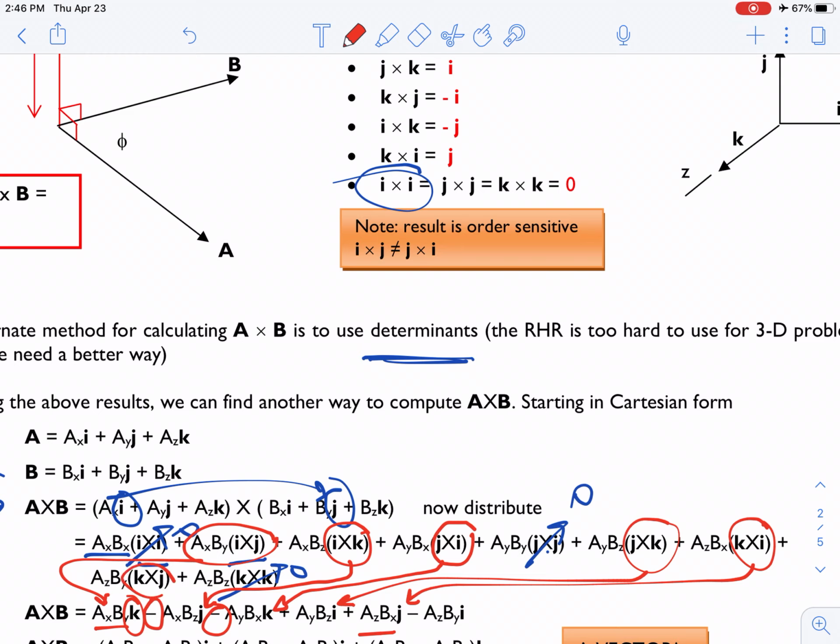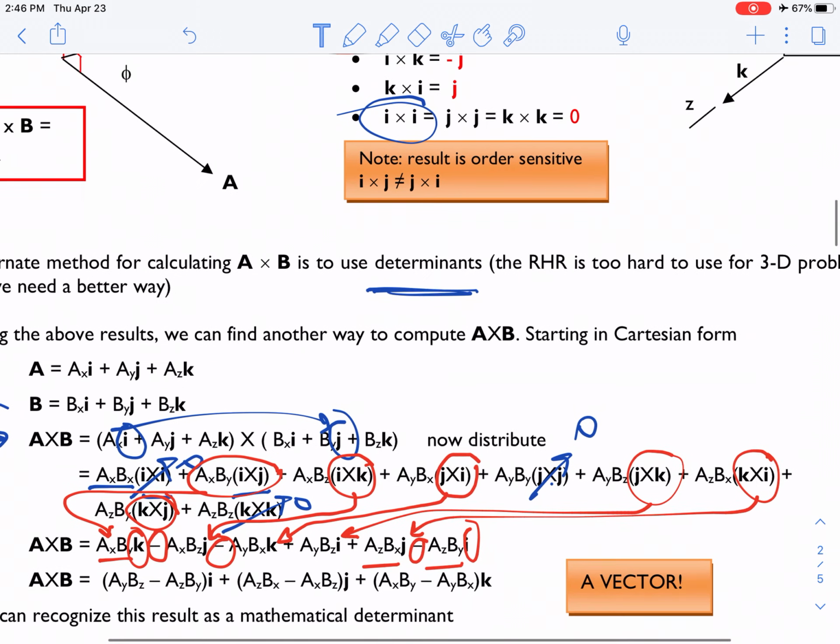And the last one is k cross j hat, and k cross j hat here is negative i, right? We're going to use that, and you can see that there's negative and i hat, and coefficient is AZ BY as we have it in the equation.